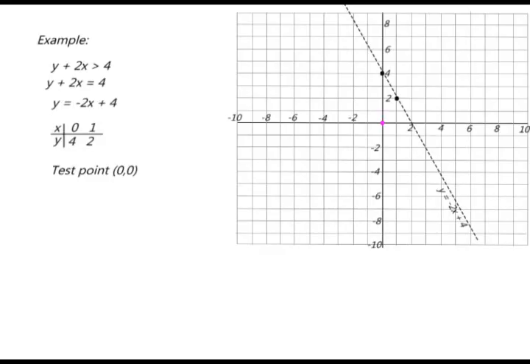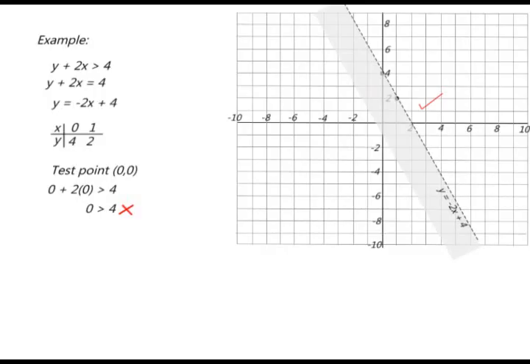Let us substitute 0 into the inequality. 0 plus 2 times 0 is greater than 4. 0 is greater than 4. Of course, that is not true. 0 is not greater than 4. So this side of the line is the unwanted region, and so we shade it off. And so the region that satisfies the inequality is on the other side, above the line.